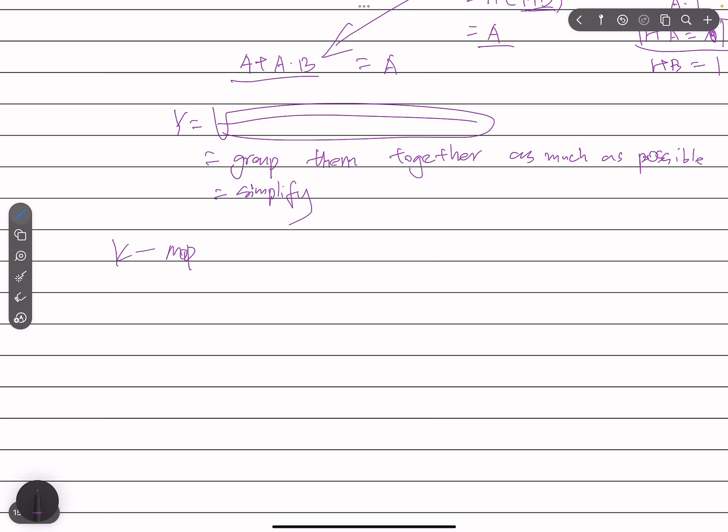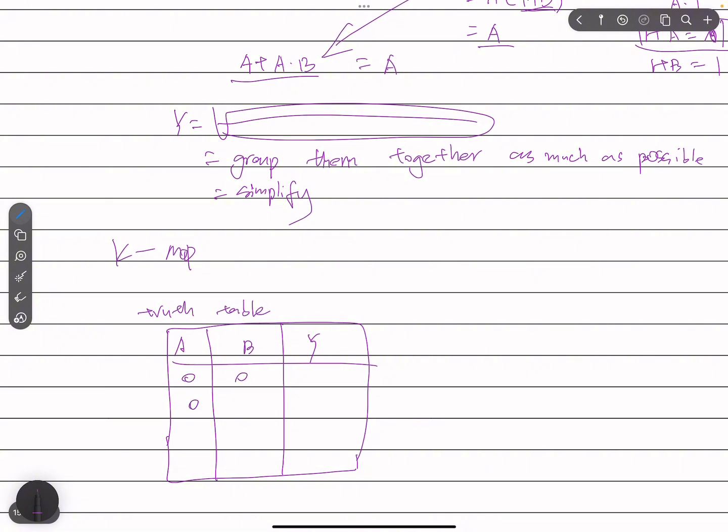Say we have a truth table, something like A, B, and this is our output. Since we have 2 inputs, there are only 4 rows: 0 0, 0 1, 1 0, 1 1. The output is 0, 1, 1, 1.